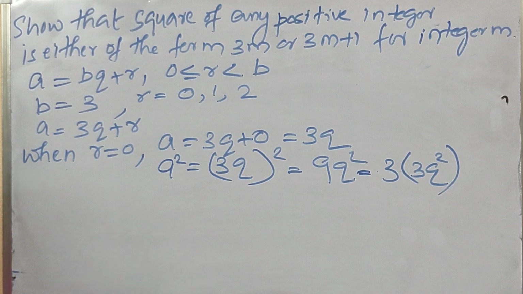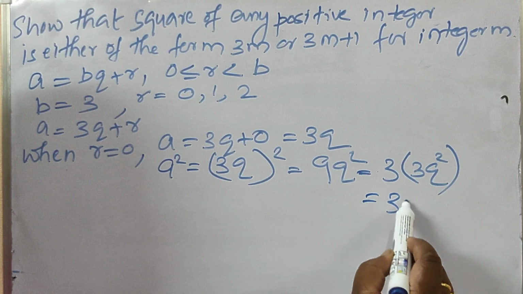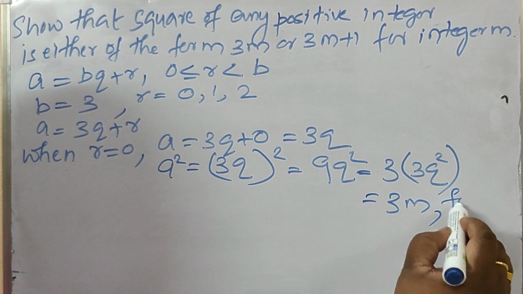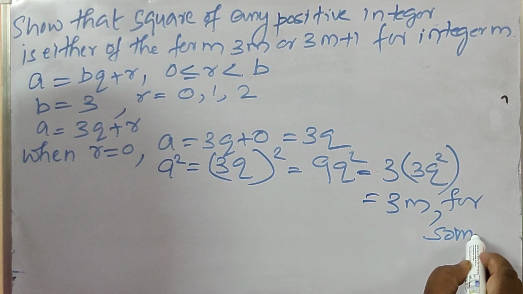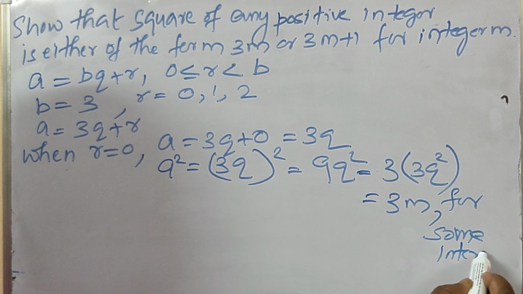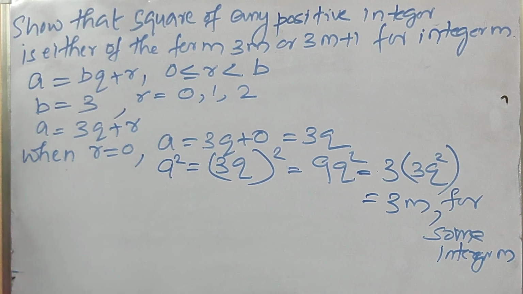Now q is an integer, so q squared is also an integer, and 3q squared is also an integer. So together we can write 3q squared as m, for some integer m. So when r is equal to 0, a squared is equal to 3m for some integer m.